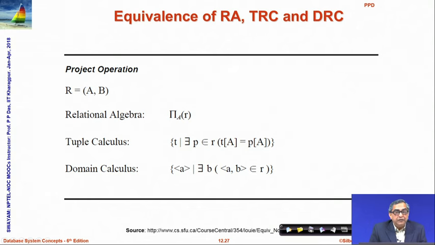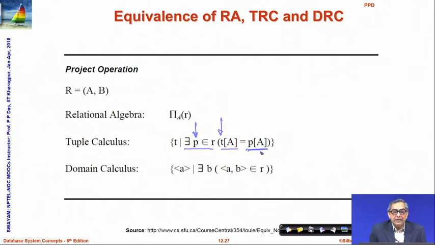Similarly, for projection, if we do a projection on A, then all that we are trying to do is create a new relation where only the A attribute exists. So, in the tuple T, the A attribute exists, and if I have projected and got this tuple T, then in my original relation R, there must be some tuple P such that on the attribute A they match, they are the same.